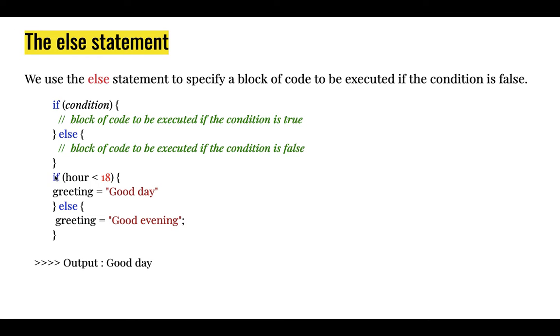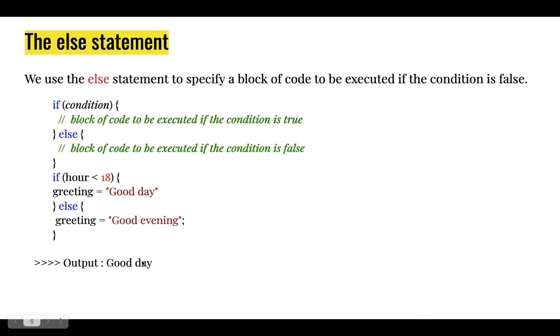The condition says if hour is less than 18, assign good day to this variable. 20 is not less than 18. 20 is actually greater, so this is false. That's why it will come down to this block of code. So instead, good evening will be assigned to this variable. And so what will then be outputted is what?